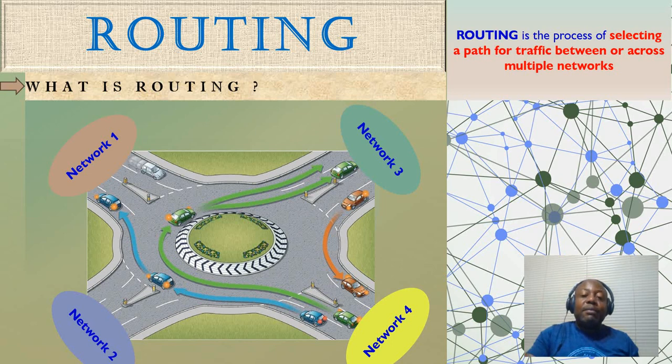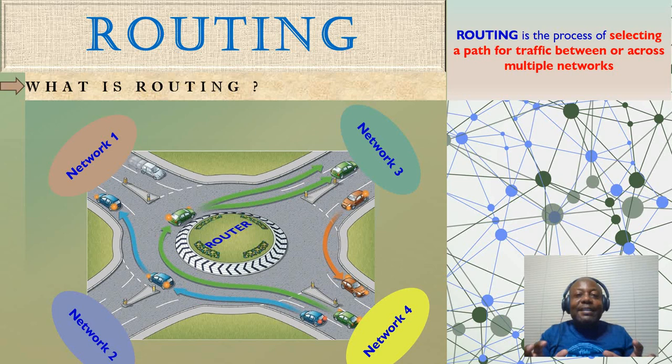And you have the other car that is orange that leaves network 3 because it wants to reach a device on network 4. It's going to go to network 4 using a specific path. So it's this mechanism that exists in our regular life that we call the routing.